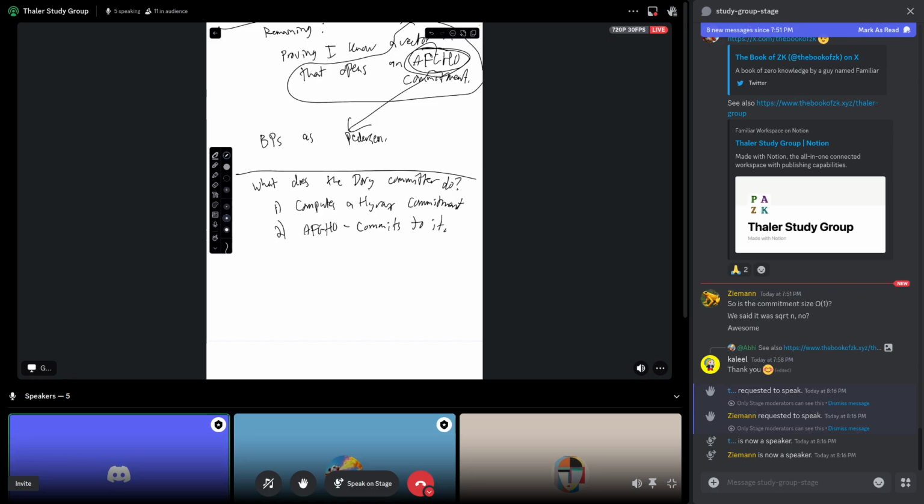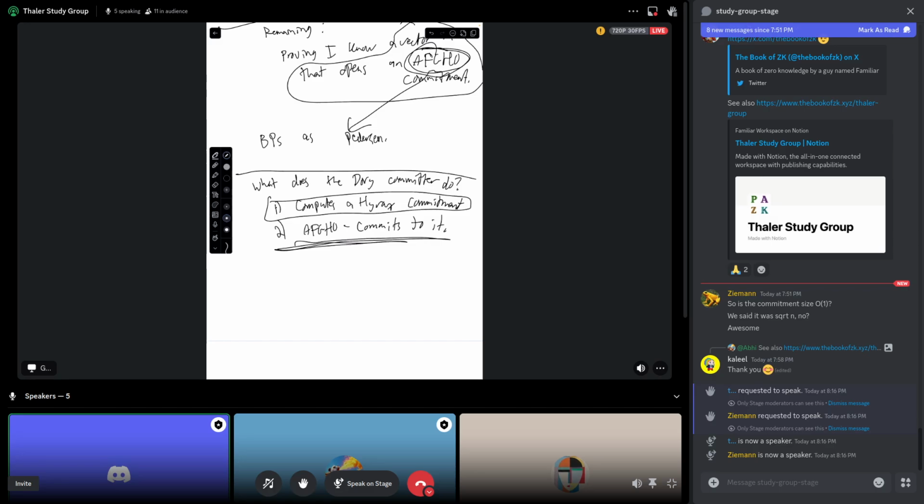Depending on whether n is less than 1 million or significantly more than 1 million, one of these two things will be a bottleneck. If n is less than 1 million, then the AFGHO commitment is a bottleneck. But if n is more than 4 million or so, then the Hyrax commitment is a bottleneck.